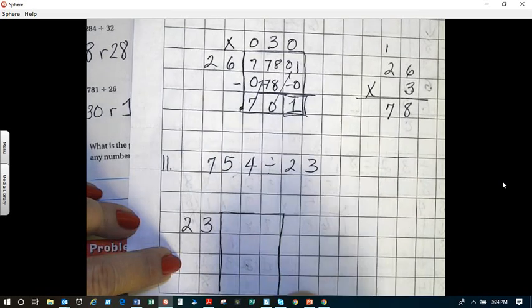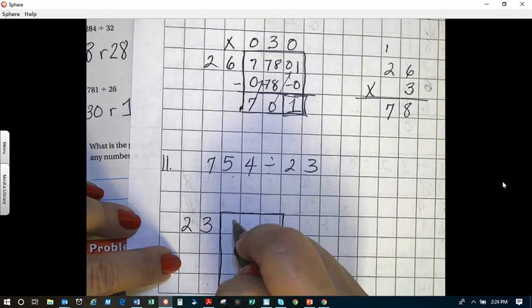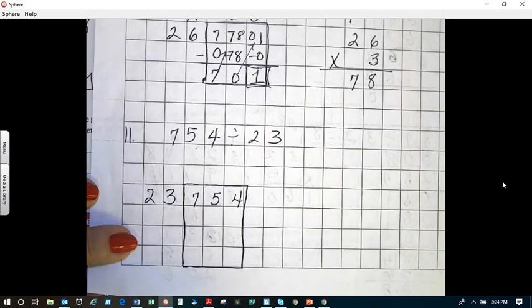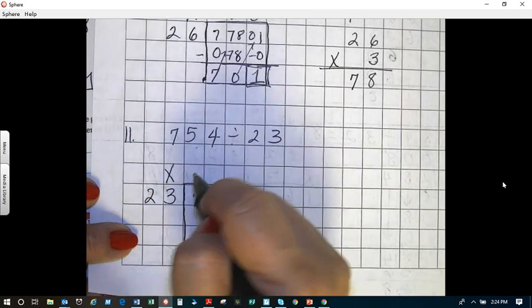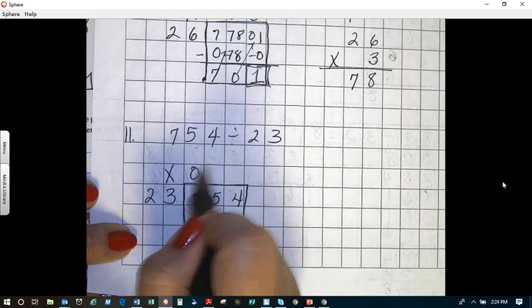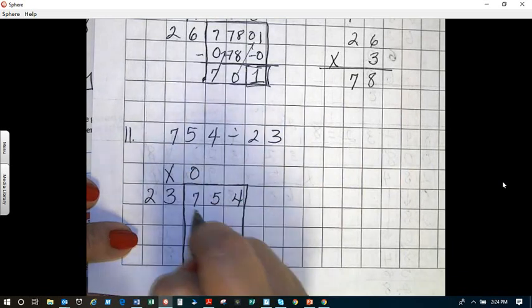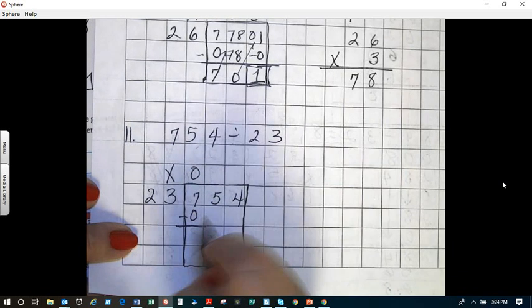And I have a 7, 5, 4. Okay. My multiplication sign. 23 cannot go into 7. It's too small. So it's 0 times 23 is 0. Subtract that out, and I come up with 7. Bring my 7 up.